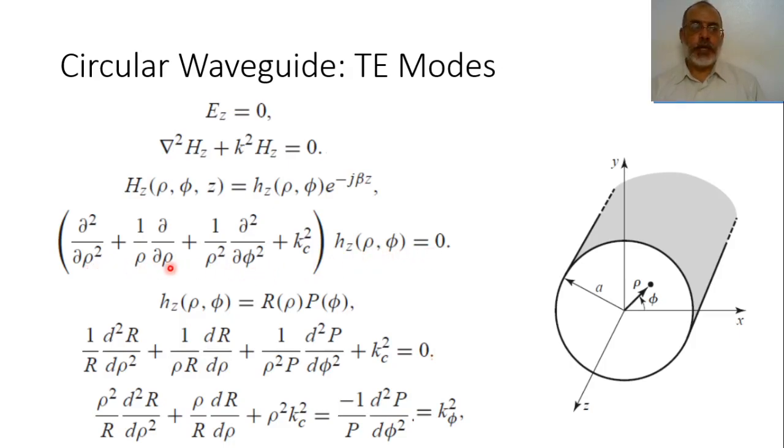Effectively, these three terms correspond to nabla t squared in the case of cylindrical coordinates.